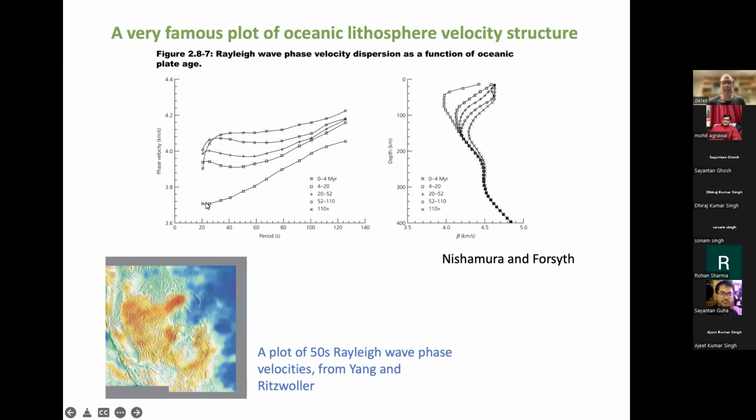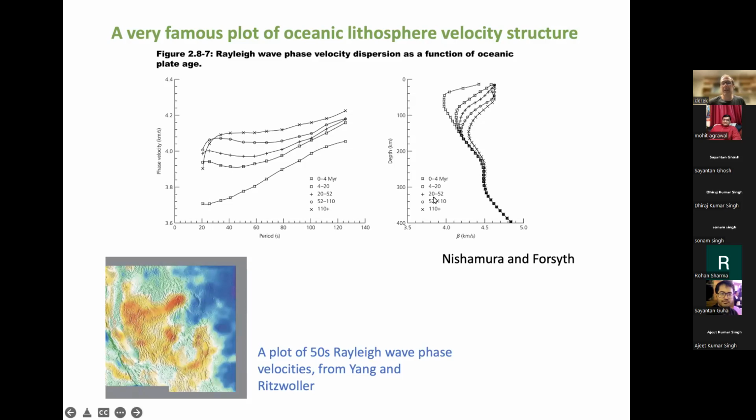These are phase velocities as a function of wave period. They all went up with wave period, but definitely the younger plate was lower velocity than the older plate.